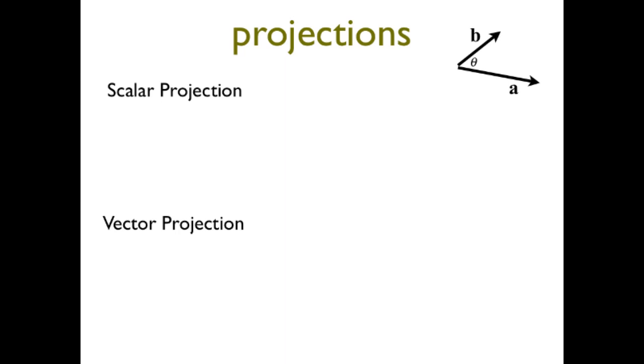So here we're going to be talking about the projection of B onto A. What is the scalar projection of B onto A?